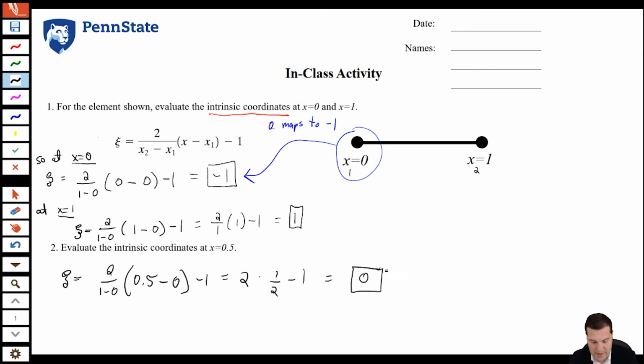So if we draw our master element down here, this would be -1 to 1. This would be the master element.